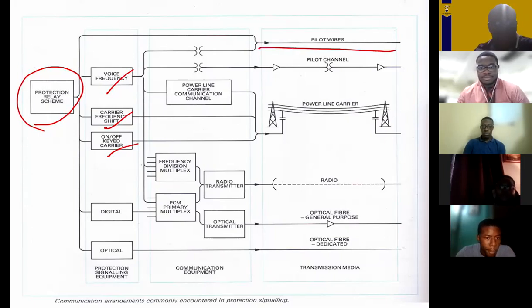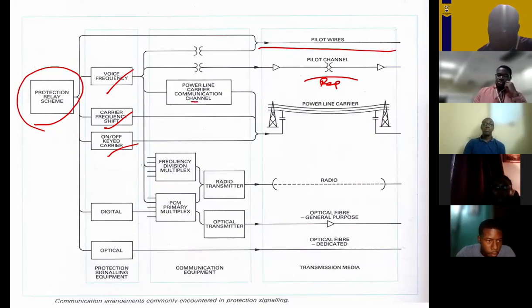So that's where you use twisted pairs. Here you have your pilot channel where you have the wires up to a point and then you repeat it. Okay. I can also have this superimposed on the power line itself. Okay. And what you are seeing here would be wave traps.